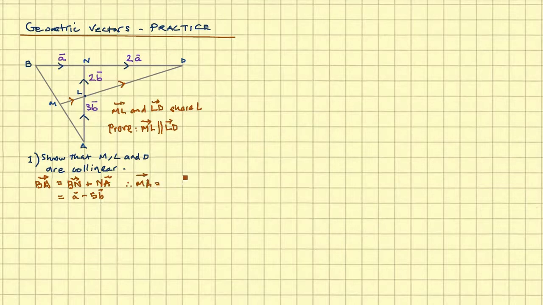Therefore M to A is half of this expression here, so it's going to be half of a minus 5b.